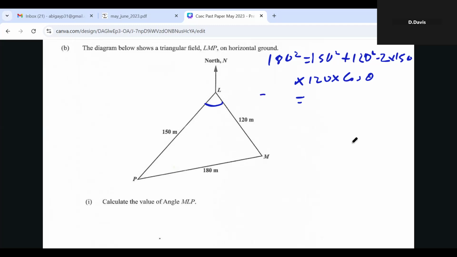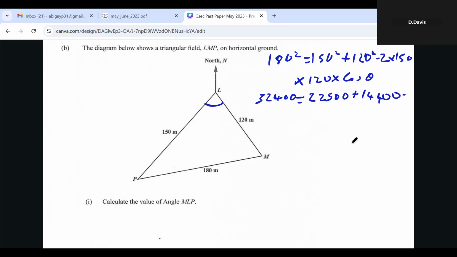So that is 32400. 150 square is 22500 plus 120 square is 14400.